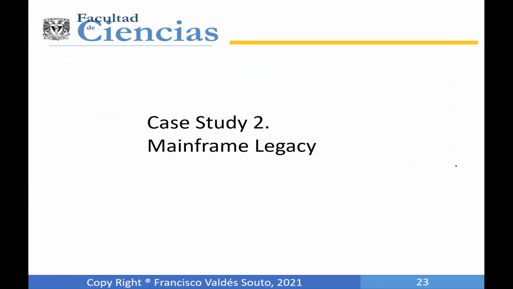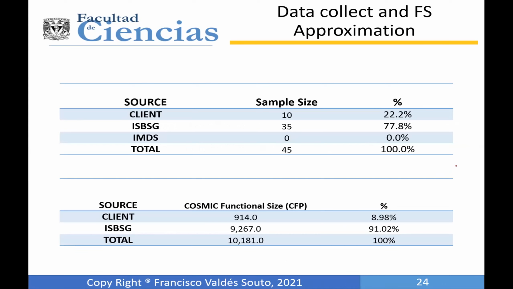So we have the same situation for case study 2, with mainframe legacy type projects. Okay. In this situation, we observe that in the national database we have no data. We only have data for the client and for the ISBSG. This is the total size of the databases.